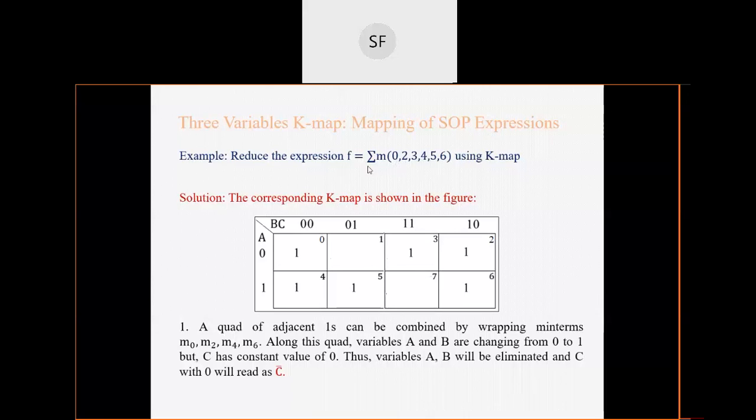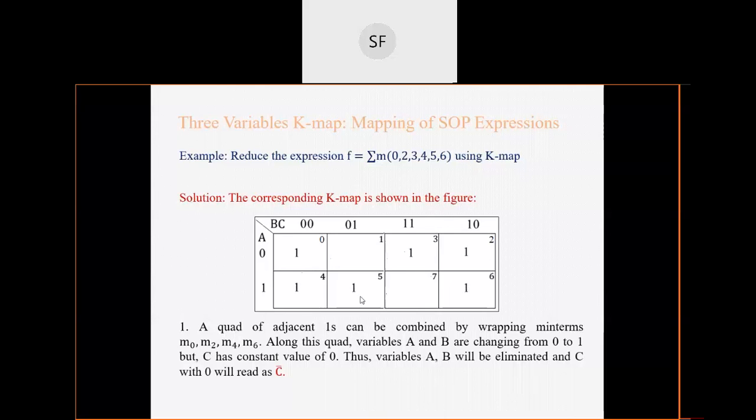So since this is the function given, how many minterms are given? 0, 2, 3, 4, 5, 6. So first you have to map this on the K map. You have to write 1 for these minterms. So I have written 1 in place of 0 for, you can observe it, 0, 2, 3, 4, 5, 6.